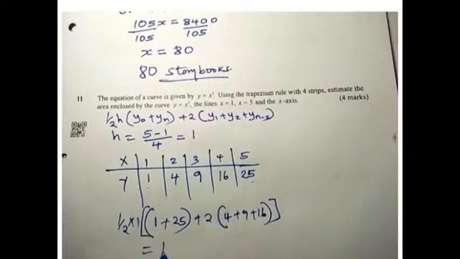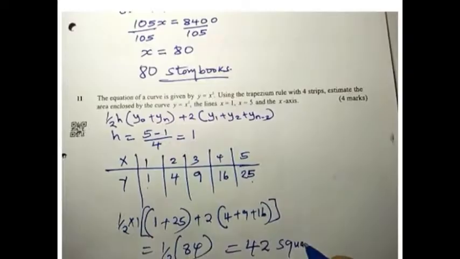This is the same as 1 over 2 of 84. This one will give us a total of 84, and it will give you 42 square units.